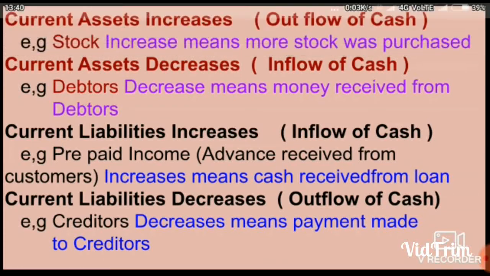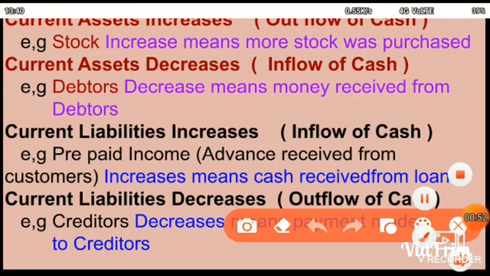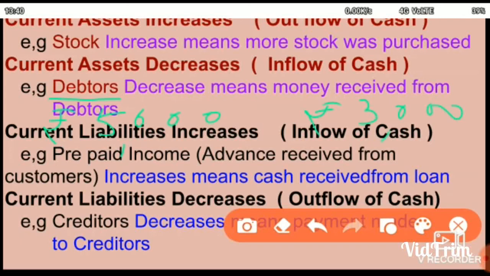Again, if current asset decreases, we assume that there is an inflow of cash. To explain this, let me take the example of debtors. Debtors is a current asset. Now let us assume that the opening value of debtors is rupees 5,000 and the closing value is 3,000. There's a decrease of rupees 2,000.